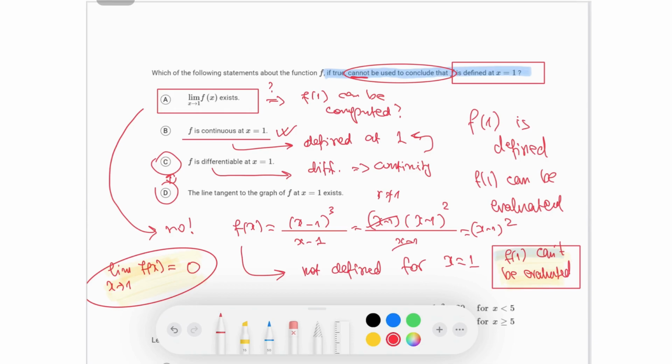So the final answer is we cannot use A. Statement A can't be used.